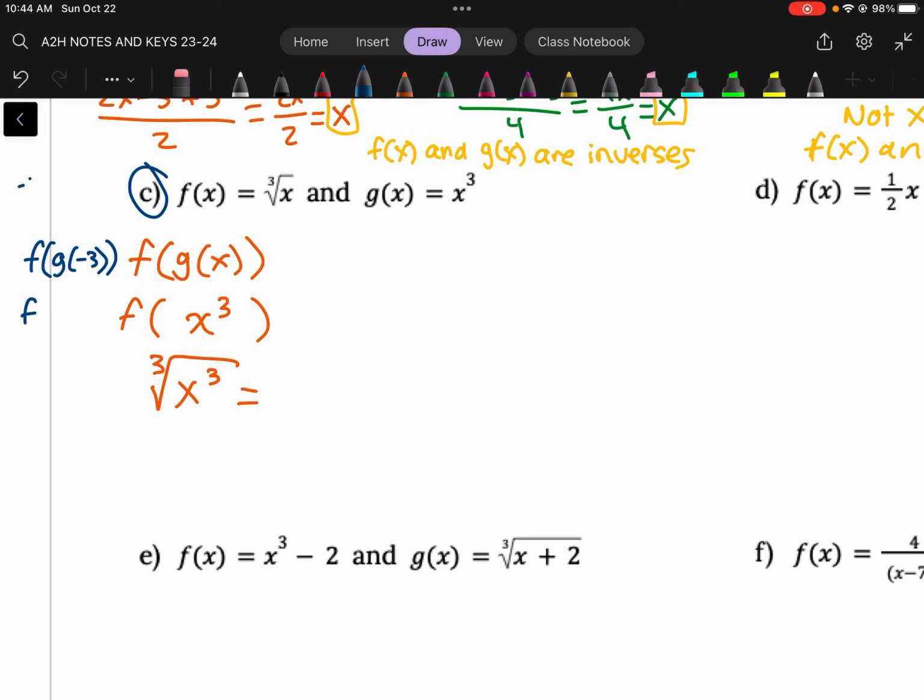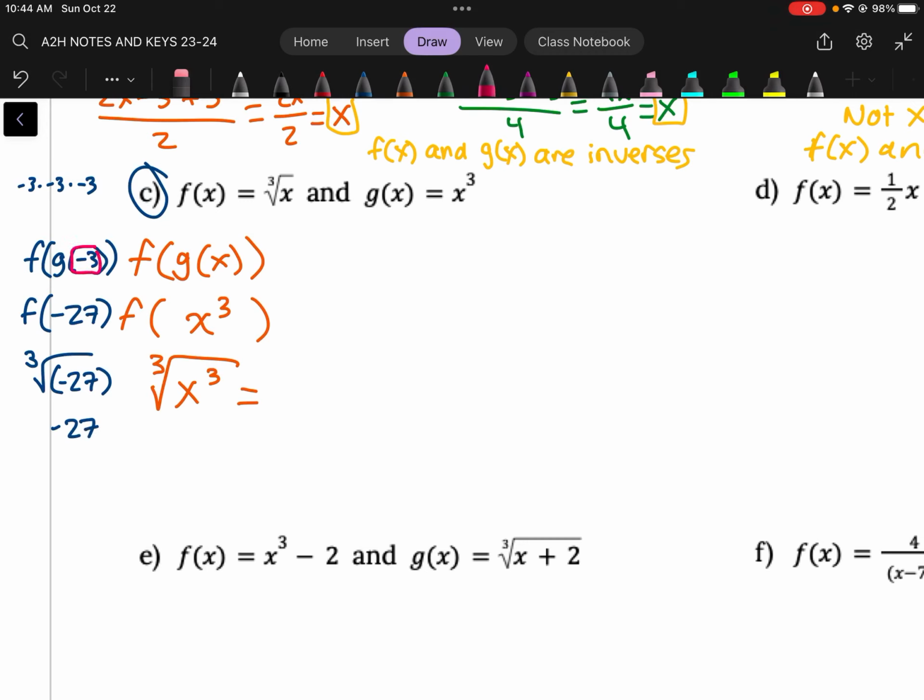The question is, is that going to become positive or is it going to stay negative? Well, if you cube negative 3, negative 3 times negative 3 times negative 3 is actually negative 27. If you take the cube root of negative 27, you're asking yourself, what do you multiply by itself 3 times to get negative 27?